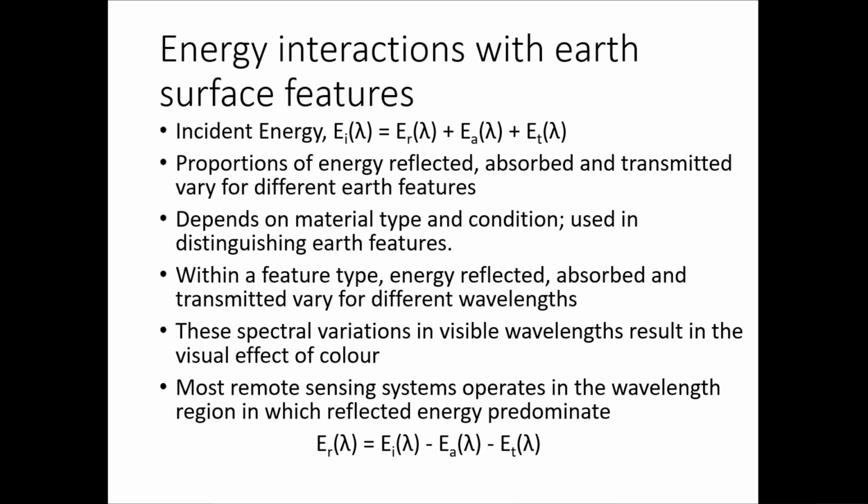All right, the short wavelengths and long wavelengths in the visible spectra is largely absorbed by this chlorophyll, right? So the incident energy, some of the energy is absorbed, some of the energy is transmitted, some of the energy is reflected. Okay, in the case of a leaf, the red and blue wavelengths are absorbed.